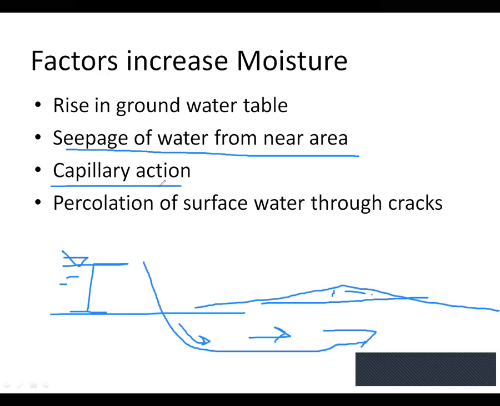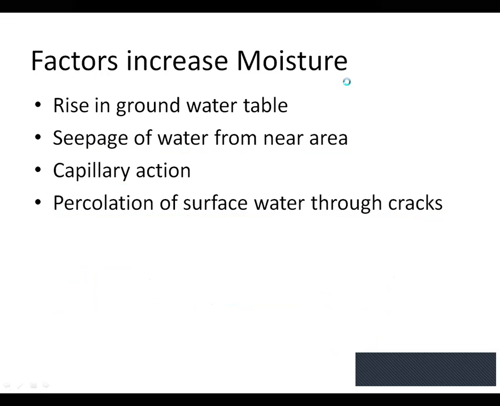When there is porosity in the subgrade, water starts rising, which also causes moisture content below the road area. Then there is percolation of surface water through cracks. Even if we provide many measures to remove surface water, and even with a rigid pavement like a concrete surface, if cracks are present, water drains through them below the surface into the subgrade, which also increases the moisture.